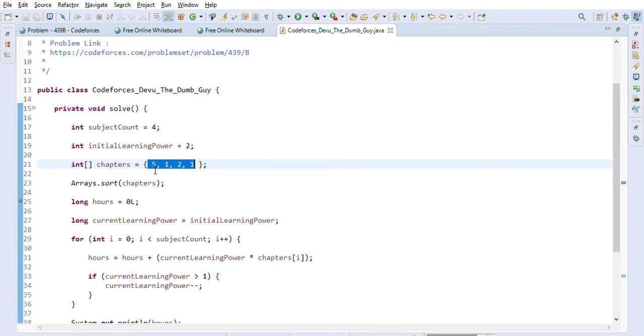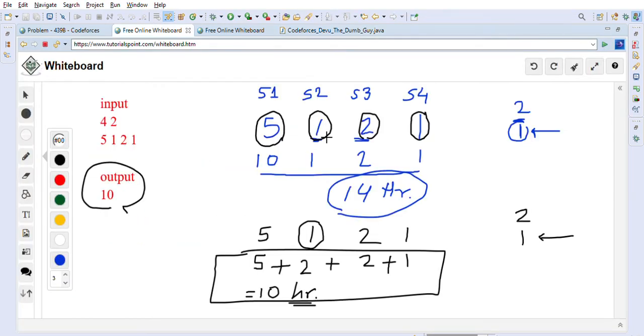After sorting, the chapters will become 1, 1, 2, 5, right? And then we will start applying our initial learning power to the smallest one, then this, then this, then this, right?